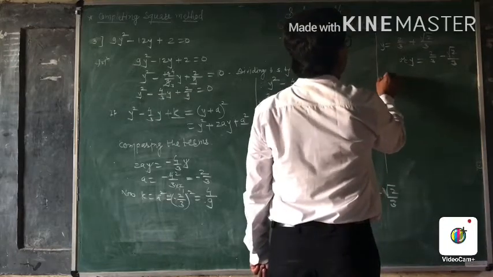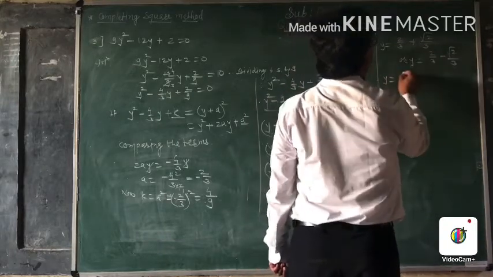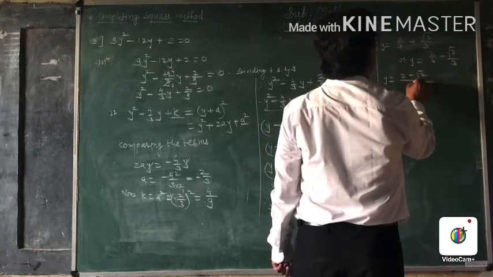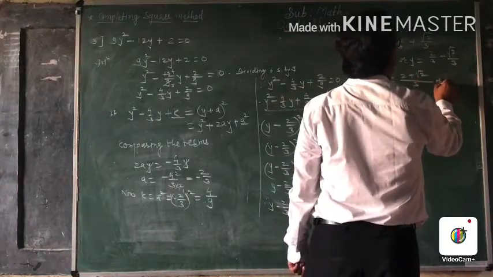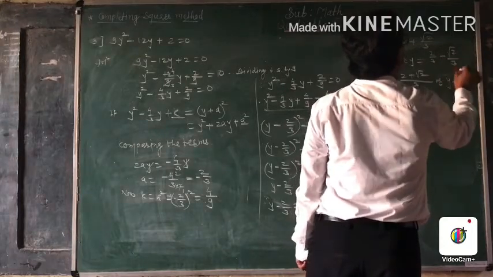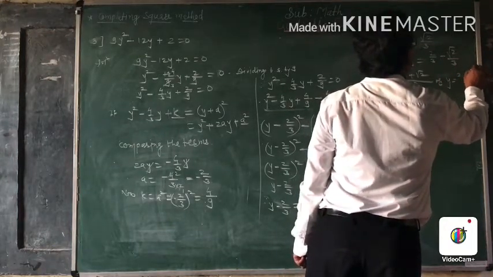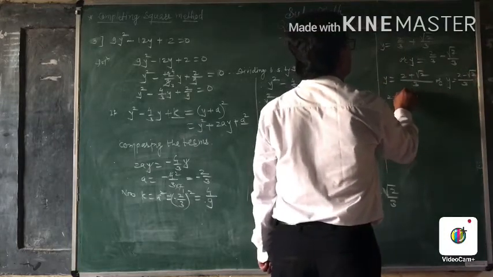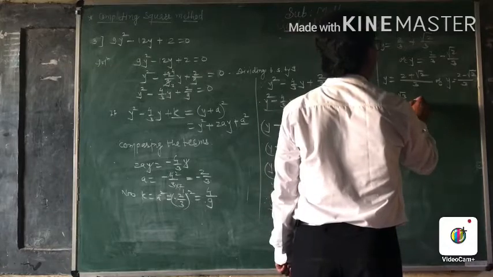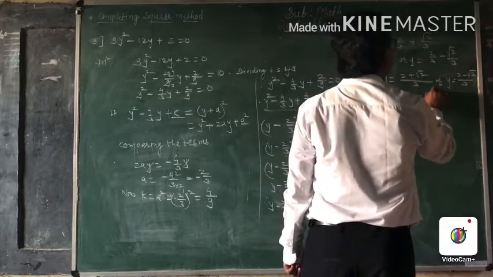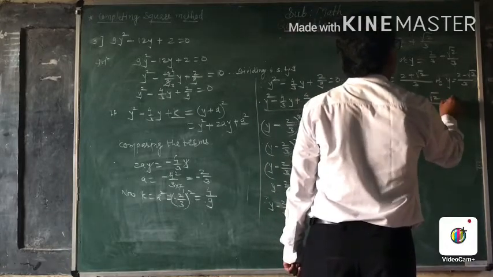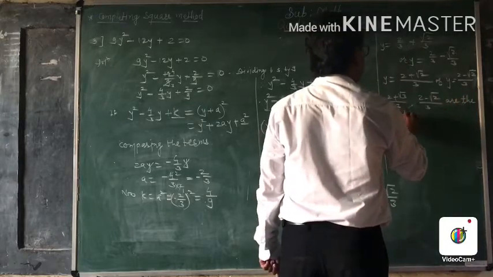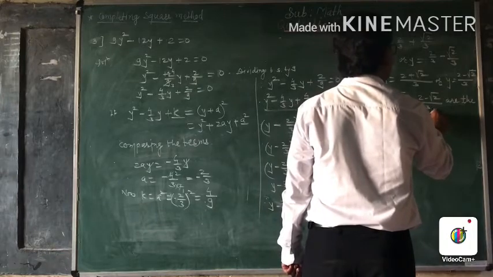Therefore, the value of y, denominators being same, is 2 plus root 2 upon 3, or y is equal to 2 minus root 2 upon 3. Therefore, 2 plus root 2 upon 3 and 2 minus root 2 upon 3 are the roots of the given quadratic equation.